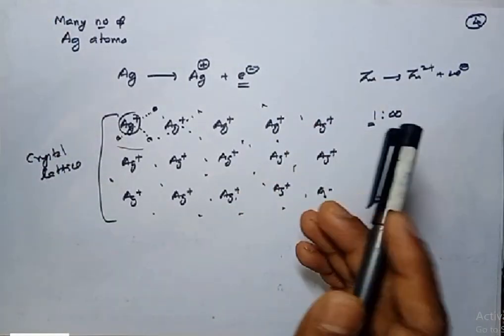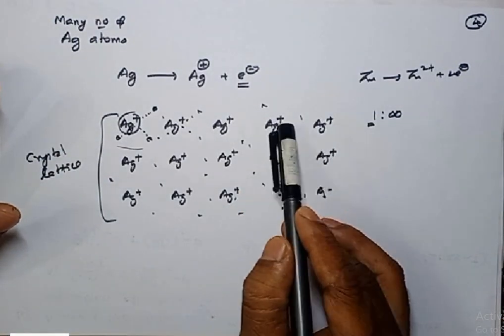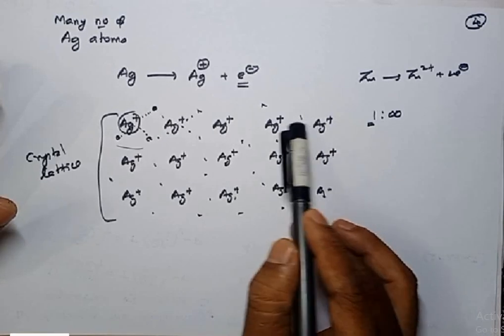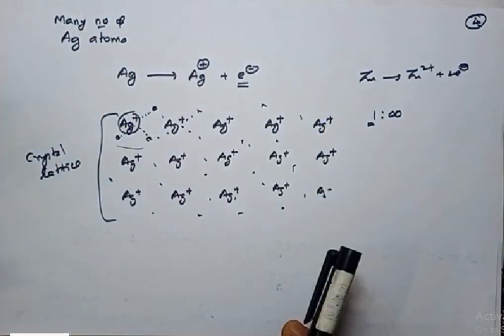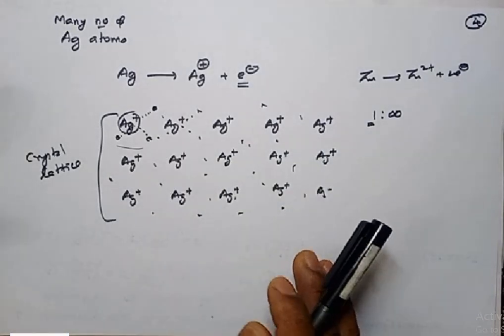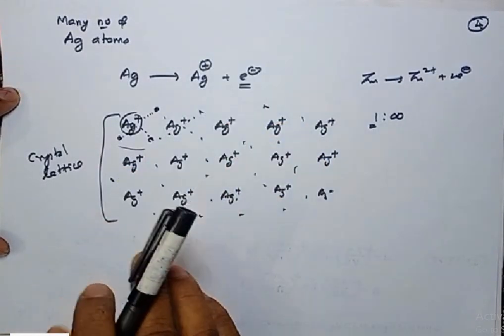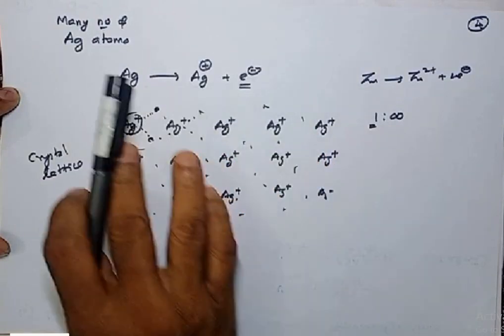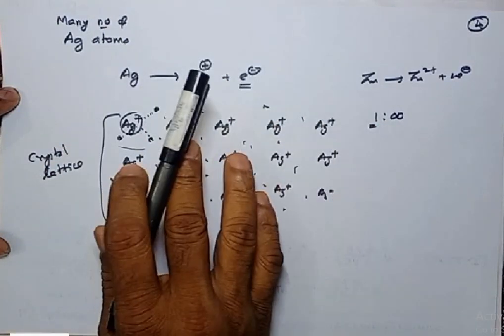You may ask a question: how can cations in adjacent positions exist? They have the same charge, no? So repulsion dominates, right? But this is possible because the free electrons move freely throughout the crystal.